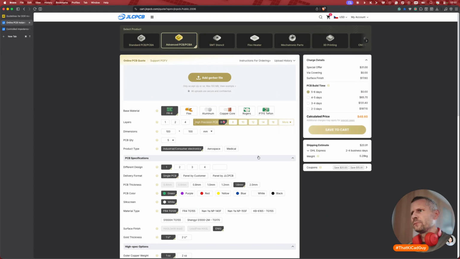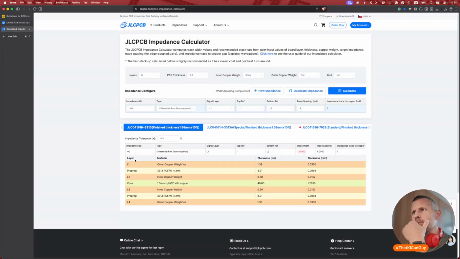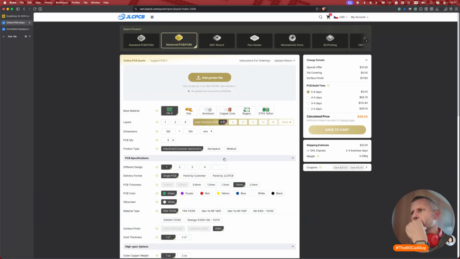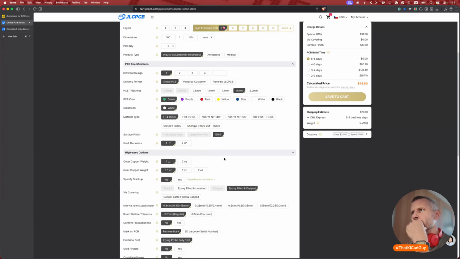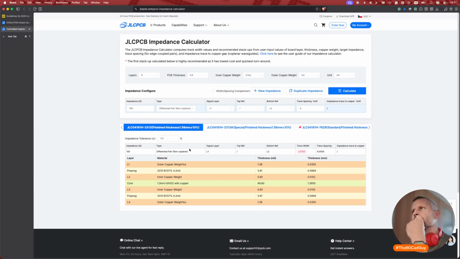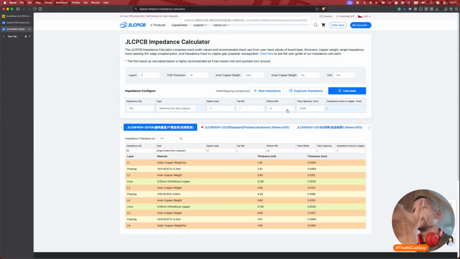No. Okay, so oh, see here. There was an incorrect PCB thickness.